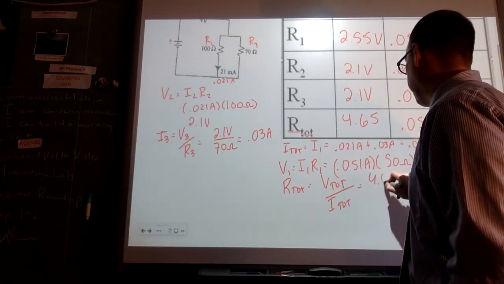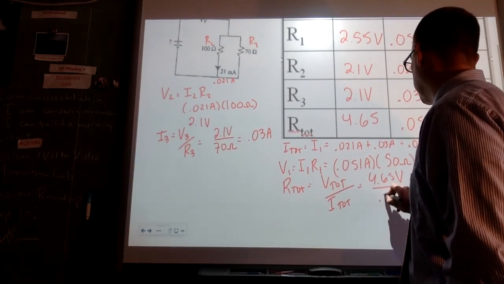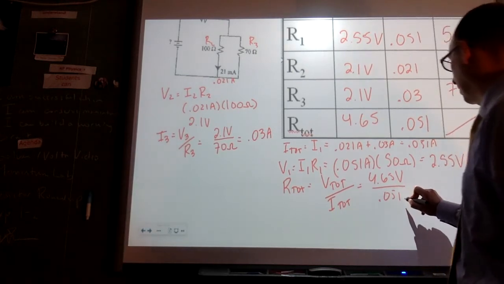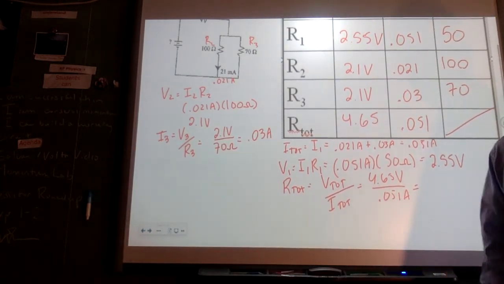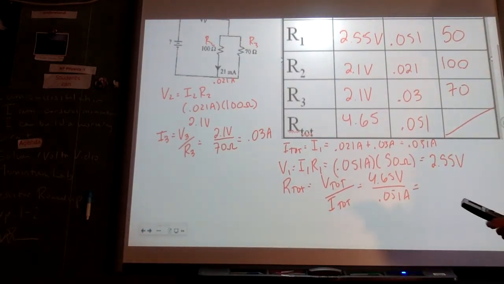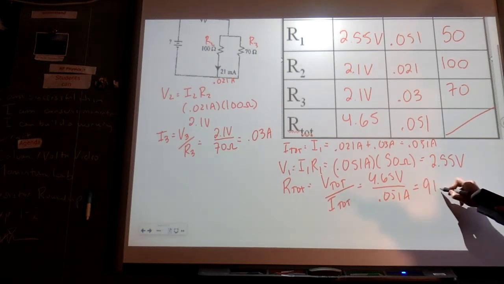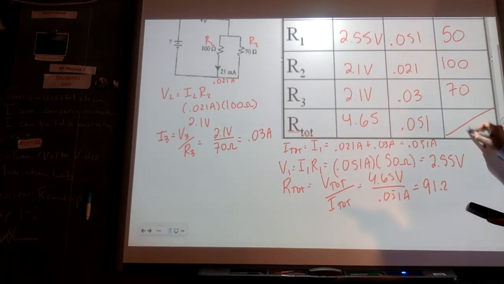So this is going to be 4.65 volts divided by 0.051 amperes. And I got 91.2 ohms.